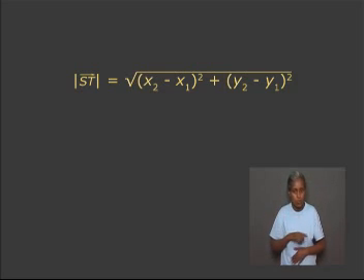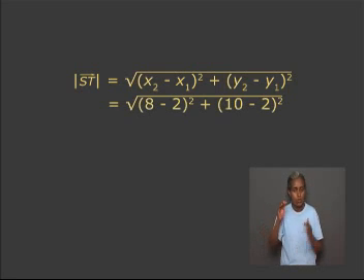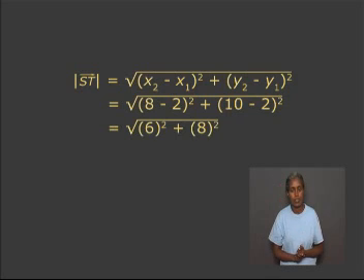After we substitute the proper values, our formula looks like this. Magnitude equals the square root of the difference of 8 and 2 squared plus the difference of 10 and 2 squared. The difference between 8 and 2 is 6. The difference between 10 and 2 is 8.